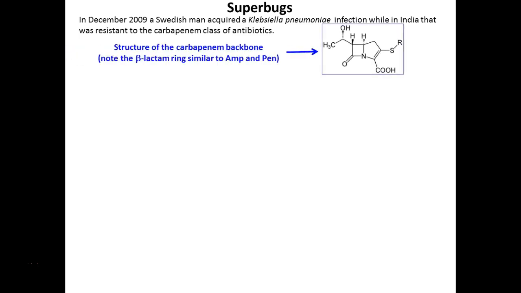So this was discovered in 2009. A Swedish man acquired a Klebsiella pneumoniae infection in India, and it was resistant to a particular class of antibiotics. And the reason why it was resistant, right, so here is the drug.